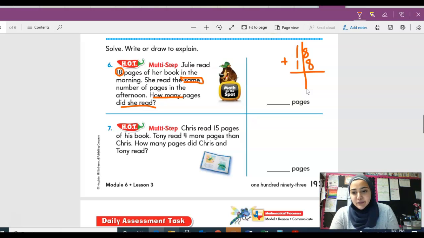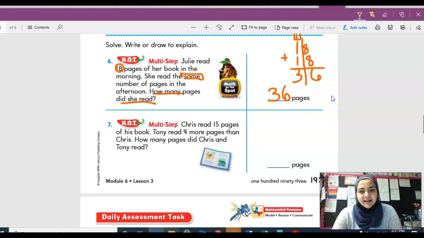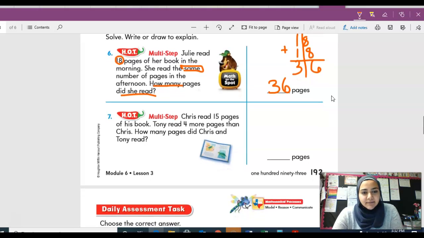That's easy because we should know our doubles facts. What is 8 plus 8? 8 plus 8 is 16. Very good. So 6 goes there. And then 1 plus 1 plus 1 is 3. So how many pages did she read? 36. Awesome job.